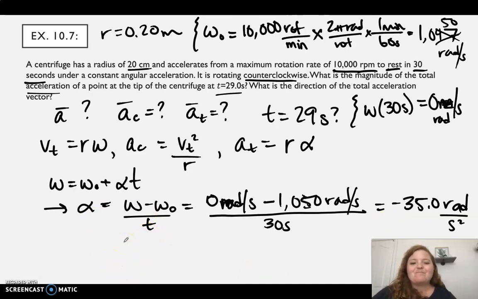Okay, we need to also take into account our direction of the motion. So it's rotating counterclockwise. So we need to figure out what direction our acceleration is. Both the centripetal and our tangential and our overall acceleration.